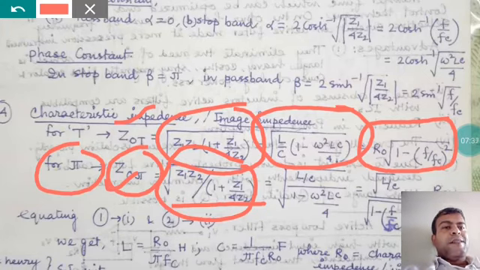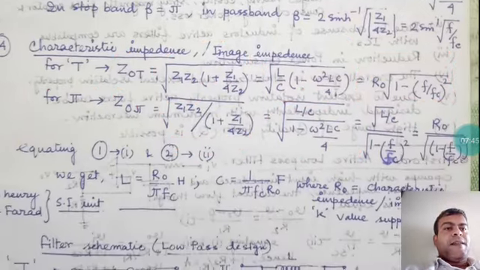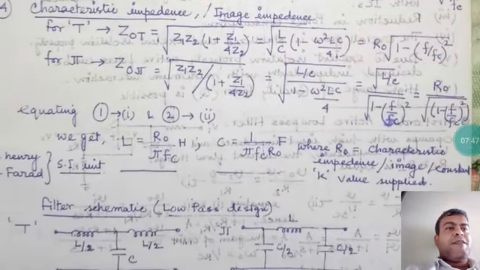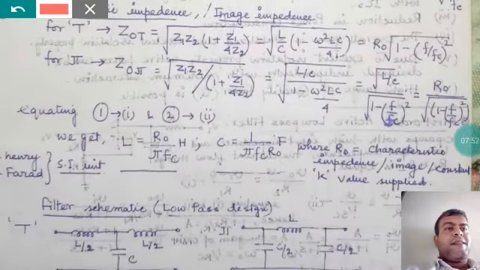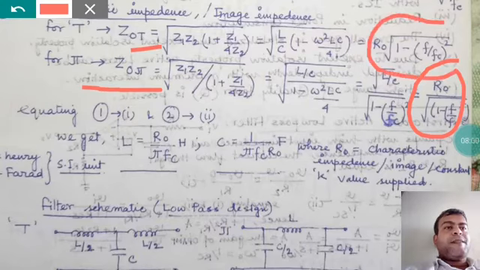So now just putting in the values of Z1 and Z2, finally what we will be getting is R0 by root over 1 minus f by fc square, that is the pi, and that is T. So we are getting two sorts of characteristic impedance.